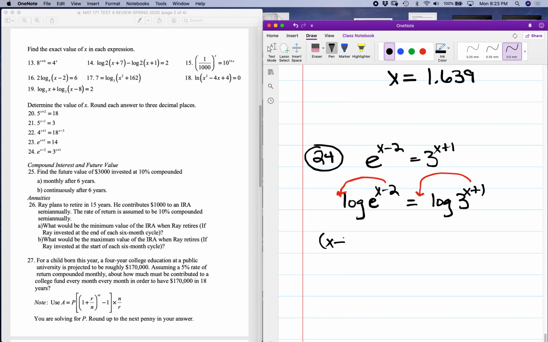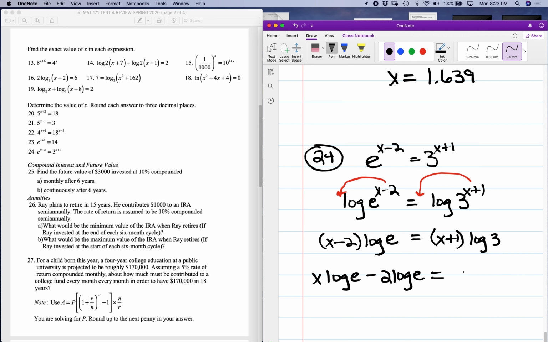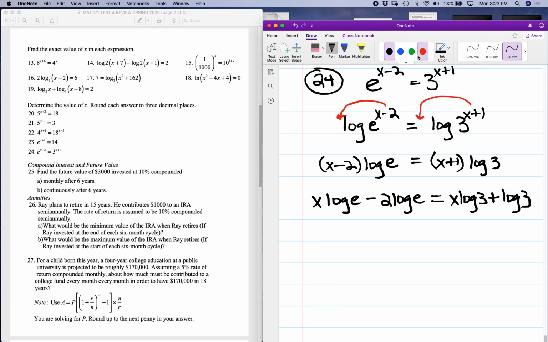So we have x minus 2 times the base 10 logarithm of e is equal to x plus 1 times base 10 logarithm of 3. Distributing, I have x times base 10 logarithm of e minus 2 times the base 10 logarithm of e, equal to x times base 10 logarithm of 3 plus base 10 logarithm of 3.